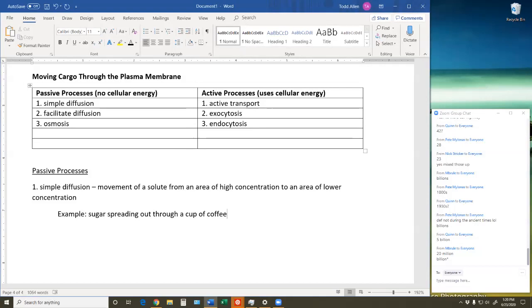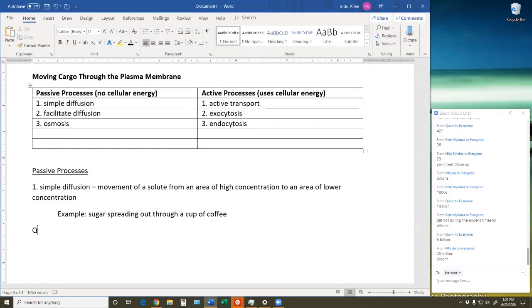Now, simple diffusion can be used to move cargo across the plasma membrane and get into the water or exit the water of a cell. It can do that, okay? But as I said, simple diffusion is a passive process. The cell will not consume any of its own energy. The cell will not consume any ATP to move the cargo.